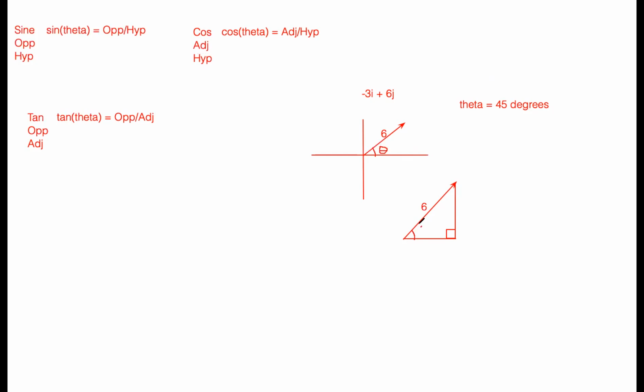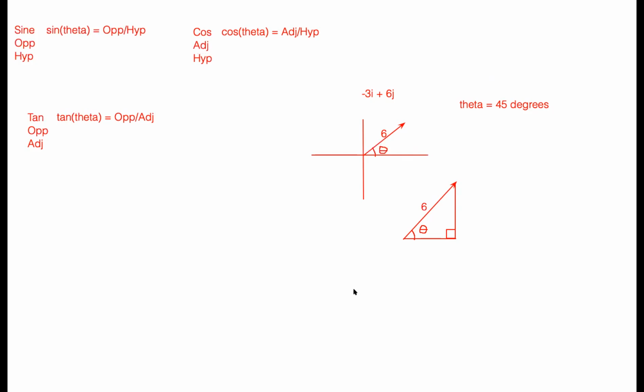Yeah. So which makes it the length of the hypotenuse in this triangle. Exactly. That's what the magnitude shows, the hypotenuse of the triangle itself.